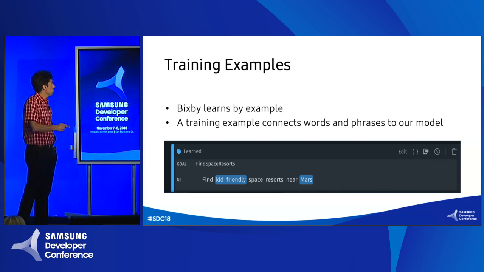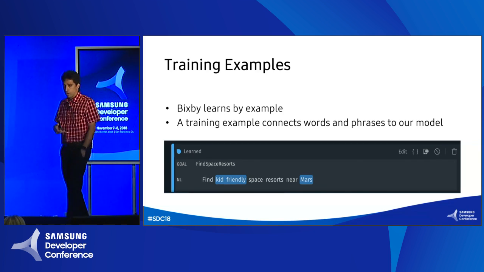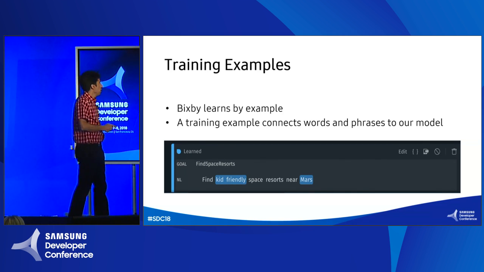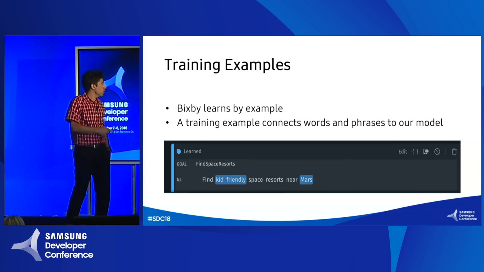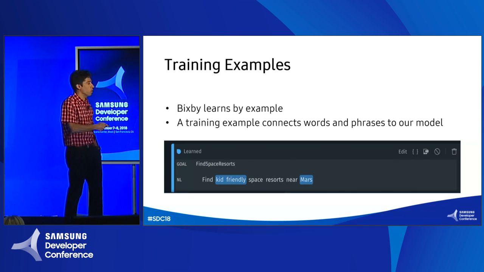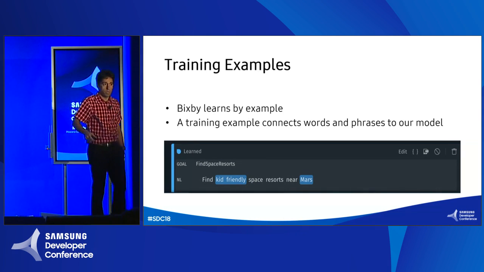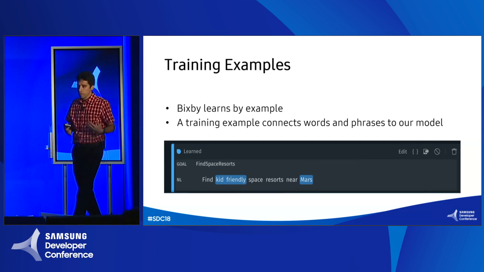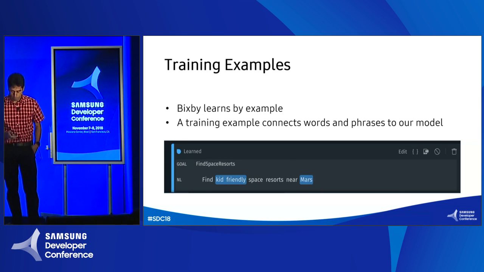We connect the phrases and words in the example to the concepts that we define in the model. Each training example needs to have a goal. In this case, the goal is finding space resorts. It's kind of obvious. We also see the word Mars here, that is a planet, so we mark it and link it to the planet concept that we already defined in the capsule. And we see the phrase kid-friendly. We identify that as a search criteria, and we mark it and link it to that concept.